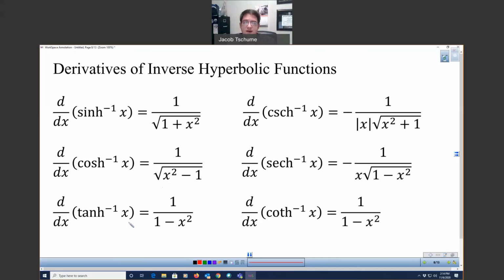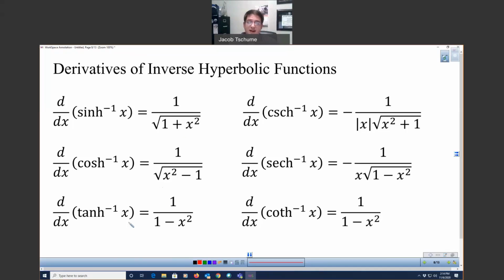And the derivative of the inverse hyperbolic tangent function is going to be 1 over 1 minus x squared. None of those really look very similar to what you learned when you did regular inverse trig. So they are all different. So once again, it's going to take a little bit of memorization and learning between now and your first test. So start learning these new derivative rules as we go along.